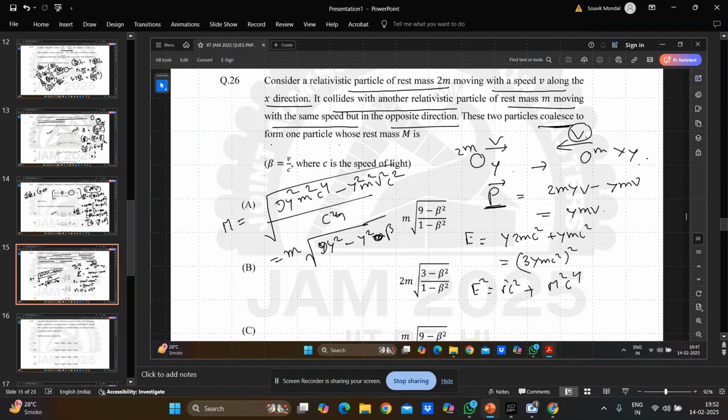V square by c square is nothing but beta square, where beta is v by c. And gamma square is nothing but 1 by 1 minus beta square. So it will be left with the root of 9 minus beta square, so this is option A.